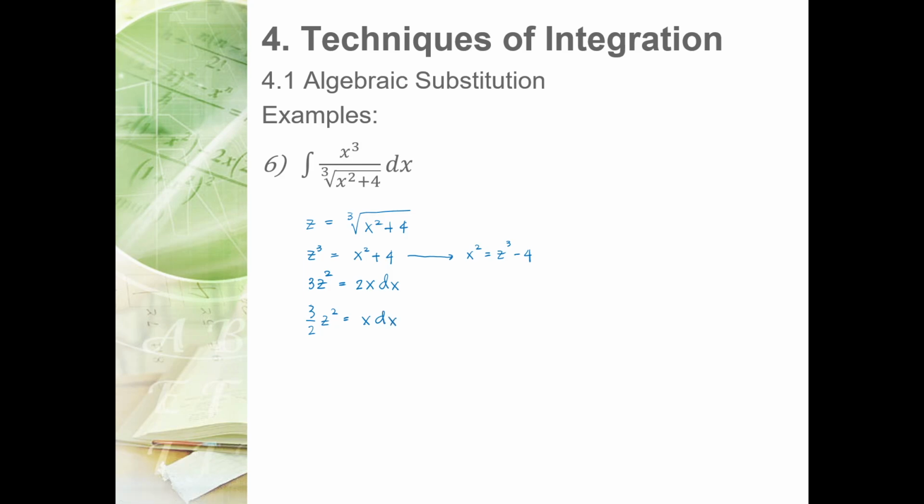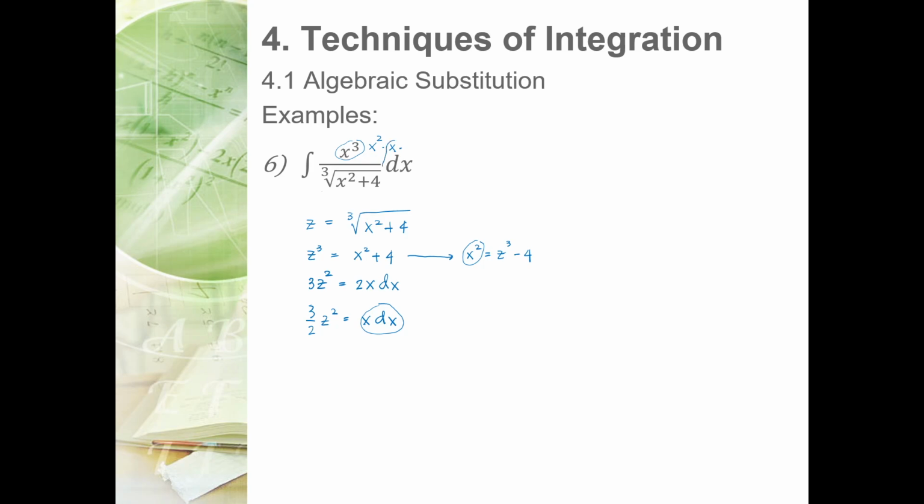So notice that we have here x cubed. We also have z squared here, then we have x dx here. The denominator can just be replaced directly with the z parameter. How are we going to manipulate the numerator? We can have it as x squared times x times x dx.